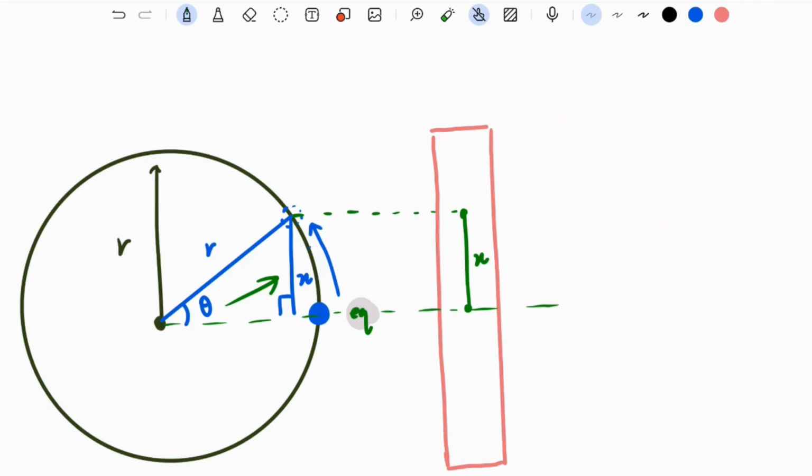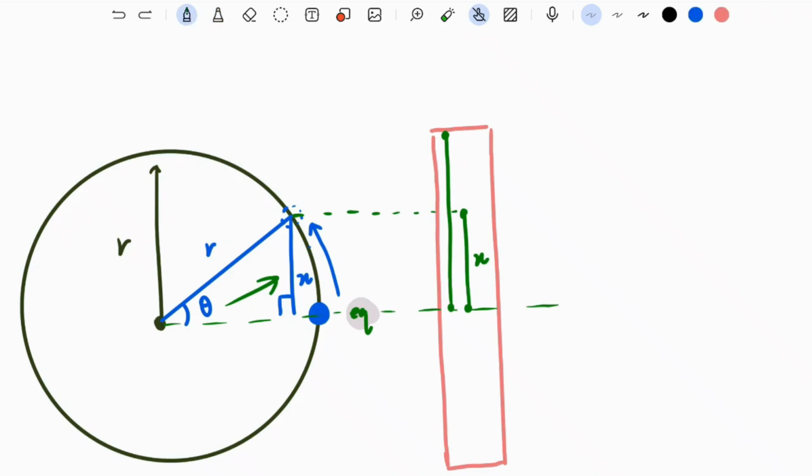Now, what about from this point to this point? Based on the diagram, I have said that it's the radius. But is there another quantity that we can use? Yes, this line here, your radius, is actually your amplitude.